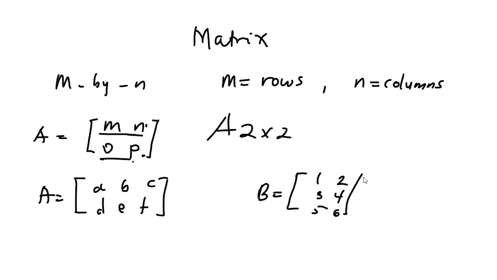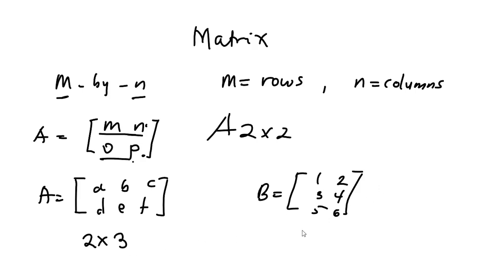This is also another matrix. What do you think will be the dimension of the first one? We said the first number is the row, followed by the column. So how many rows do we have here? We have 2, and 3 columns. So this is a 2 by 3 matrix.